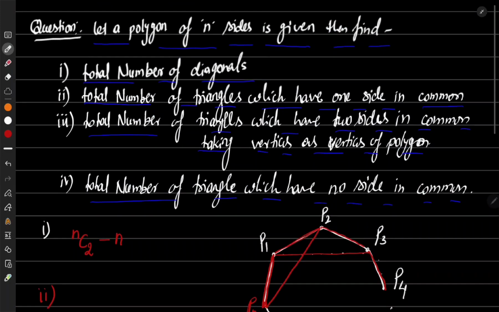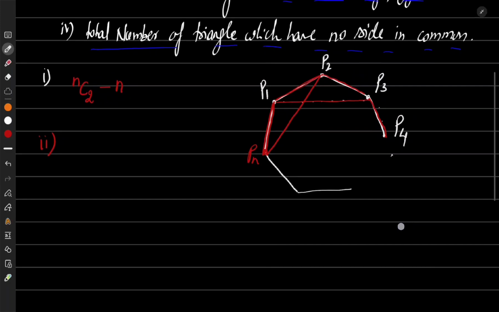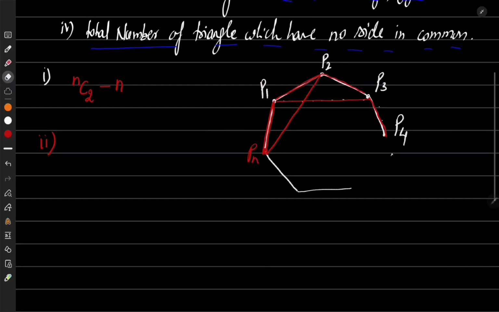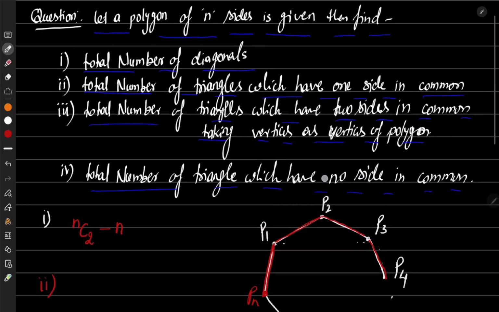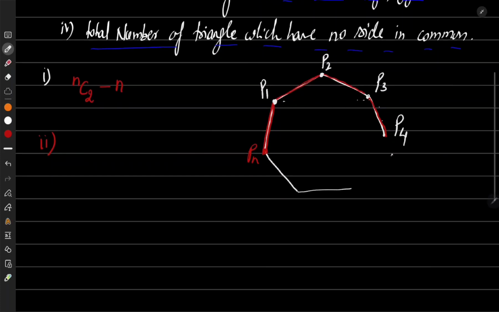What does the second question say? Total number of triangles which have one side in common. Now try to see this picture again. If it is one side in common, you want to make the triangle. Let's say I take the side P1P2 in common, so I cannot take P2P3. So how will the triangle be formed?